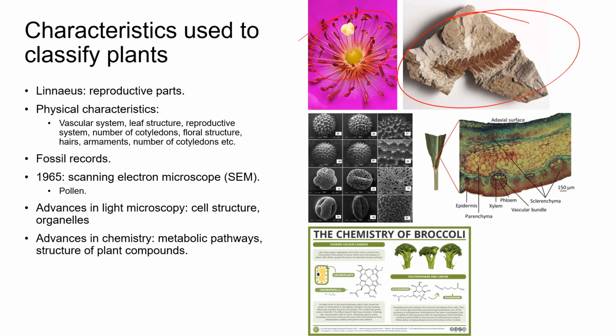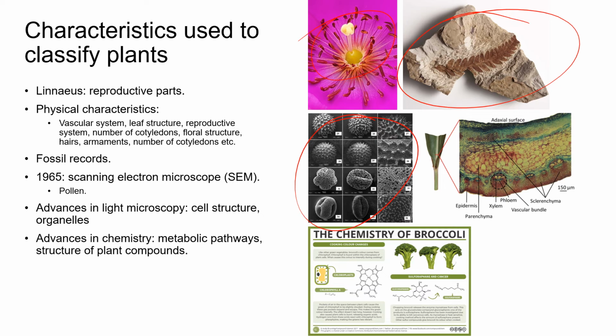Since 1965, the introduction of the scanning electron microscope has enabled taxonomists to look very closely at the surface structure of plant parts such as pollen, hairs, stomata, leaf cuticle and waxes, and to use these features in classification. Depending on the quality of a scanning electron microscope, magnification can be up to 2 million times.